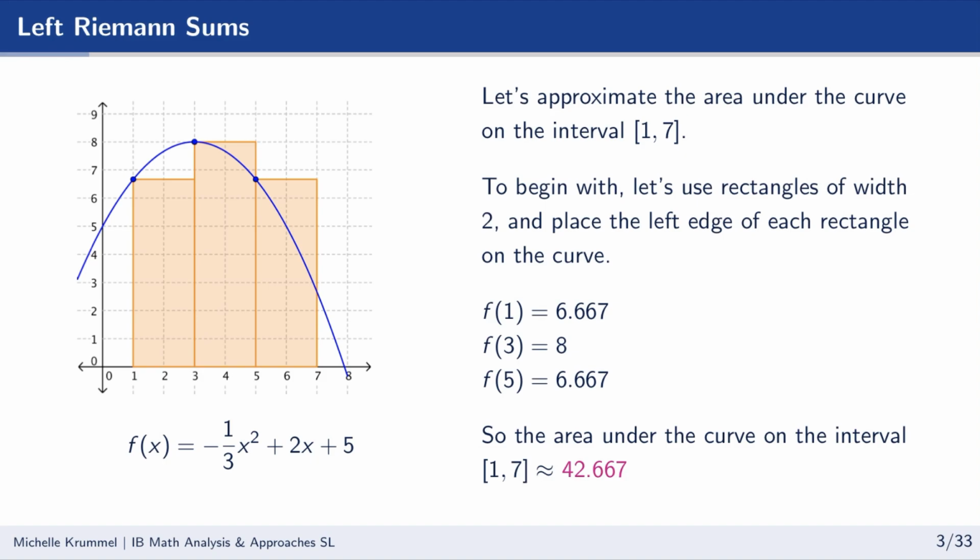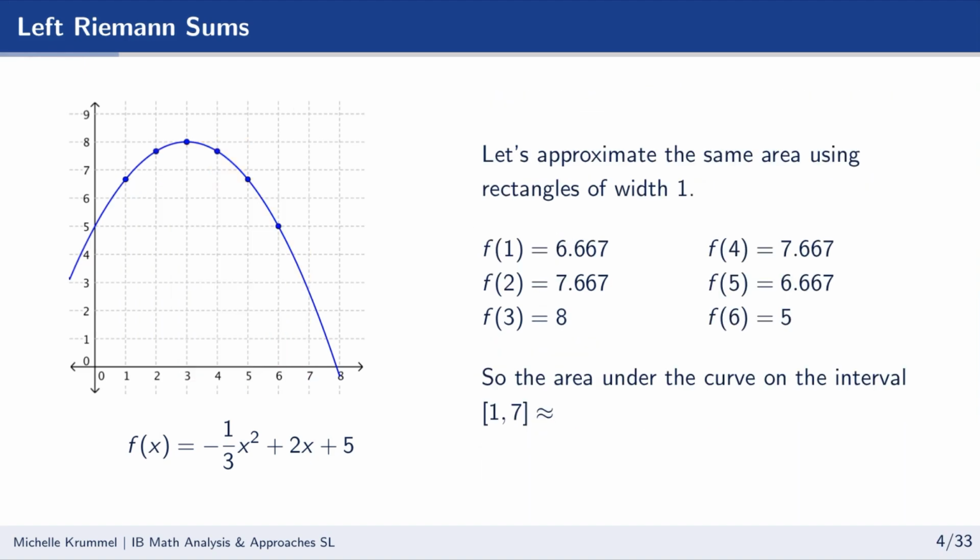This technique that we just used is called a left Riemann sum. It's called a left Riemann sum because we are using the left endpoint of each of these subintervals. We've got an interval that goes from 1 to 3, from 3 to 5, and from 5 to 7. So we're using the left endpoint of each interval to determine the height of the rectangle. So it is a left Riemann sum.